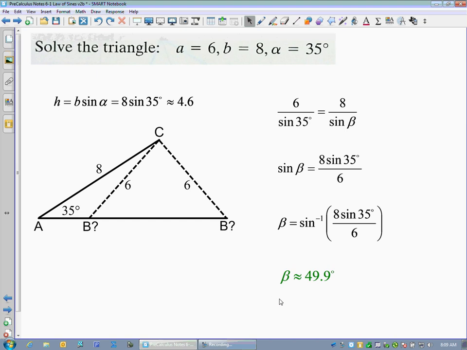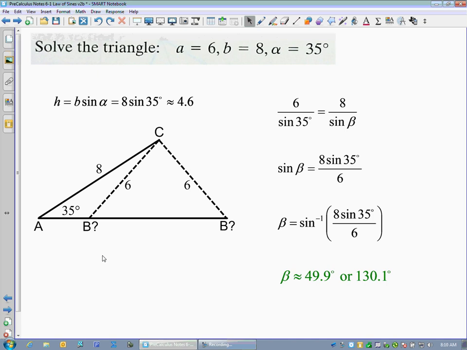And here we're in degrees, so 180 minus 49.9 gives us our other angle, which is 130.1. So in the ambiguous case, it's possible to have two answers. It's also possible to have no answers, or it's possible to have one answer. So make sure you draw your diagram accurately so that you can figure out which case you have.